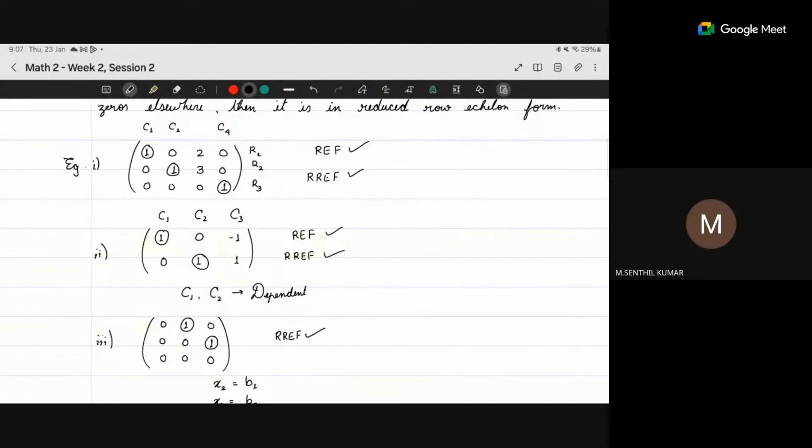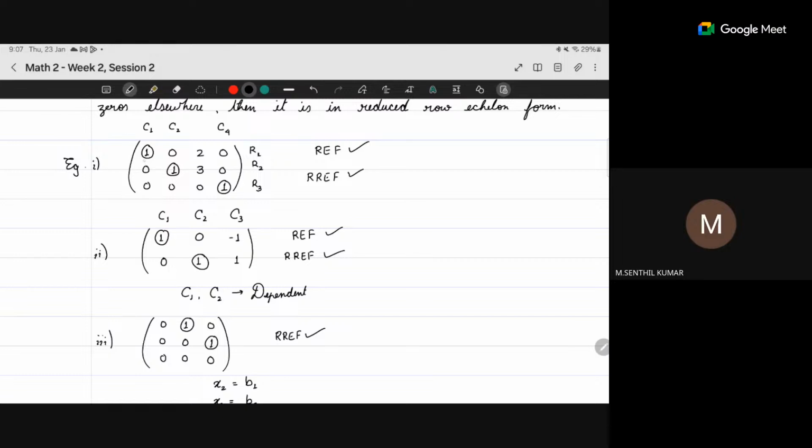Row echelon form is fine. When you have row echelon form, you will have that every non-zero row has a leading entry as 1, correct? That is a condition for row echelon form itself.